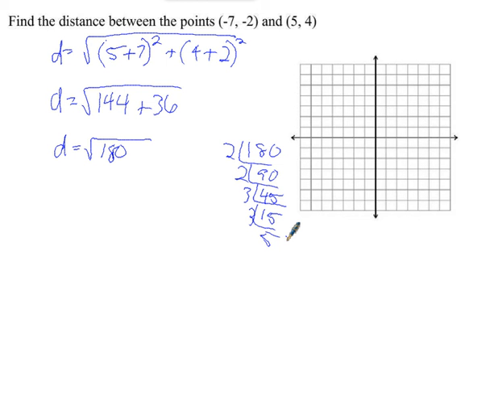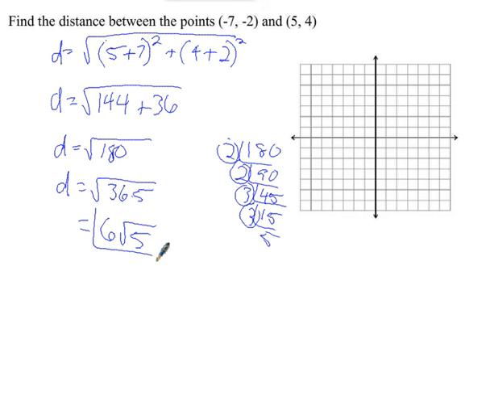Then circle your pairs. We have a pair of 2s, we have a pair of 3s. If we multiply all that together, 2 times 2 is 4, 4 times 3 is 12, 12 times 3 is 36, 36 times 5 is how I'm going to split this up. So this becomes D equals the square root of 36 times 5. The square root of 36 is 6. And I can't take the square root of 5, so I leave it. This simplifies to 6 square root 5. 6 root 5. That's the answer.